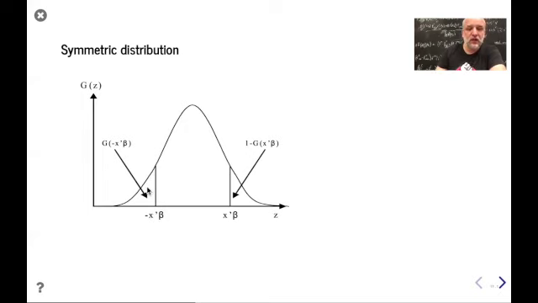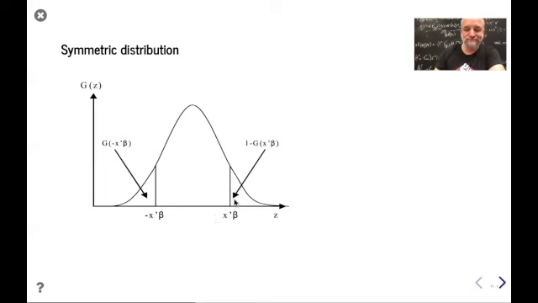Okay, now this 0 here in the middle, right? And this distribution is drawn so that it's completely symmetric around 0. And many distributions are like that. For instance, a normal distribution. And so this means that this area here and this area here have the same size. In other words, what we have here is G of minus x beta. Well, over here we have 1 minus G of x beta, right?